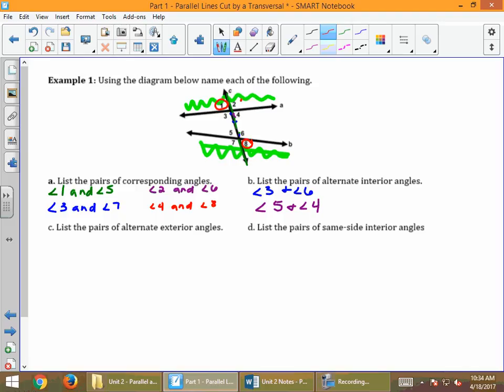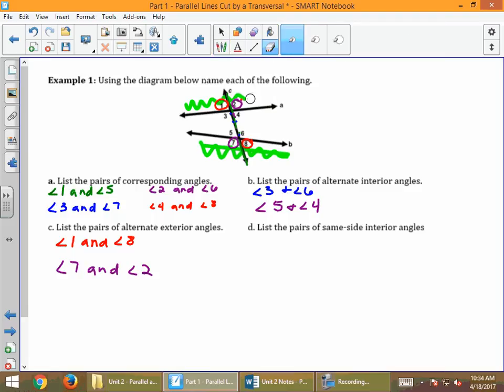And that is angle 8. So 1 and 8 are alternate exteriors. They're outside and opposite. And that just leaves you with 7 and 2 as the other pair of alternate exterior. They are outside and opposite. Okay. I'm going to erase the half, and we'll take a look at the next part.